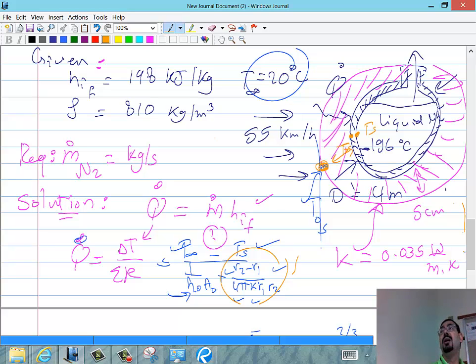So Ibrahim is saying that the outer surface is probably going to be between the 20 air and the minus 190. It's not exactly in the middle, but it could be between them.